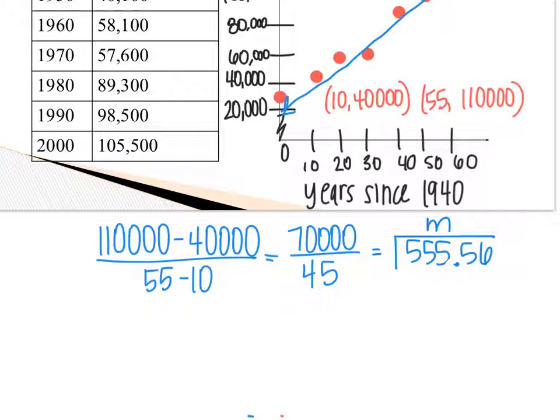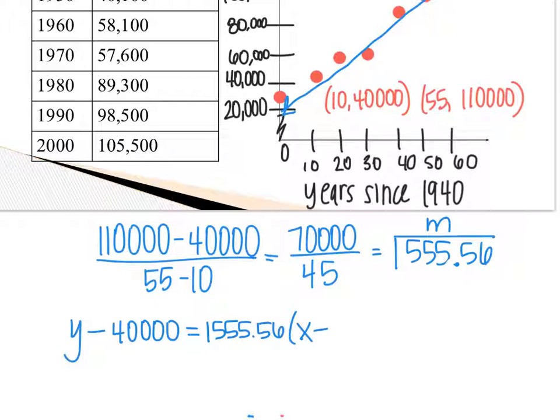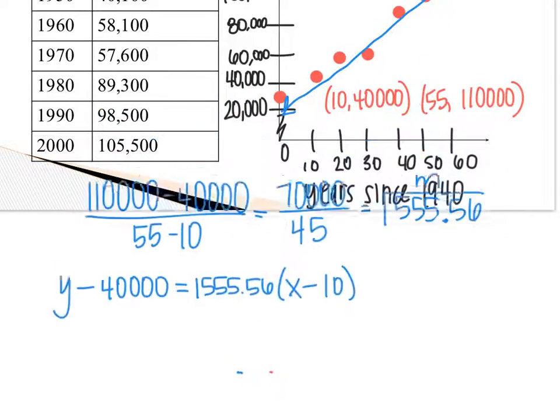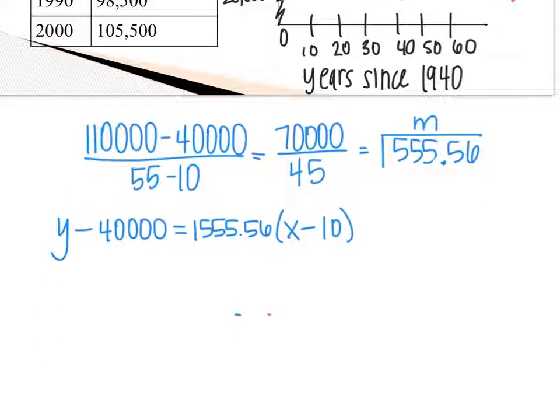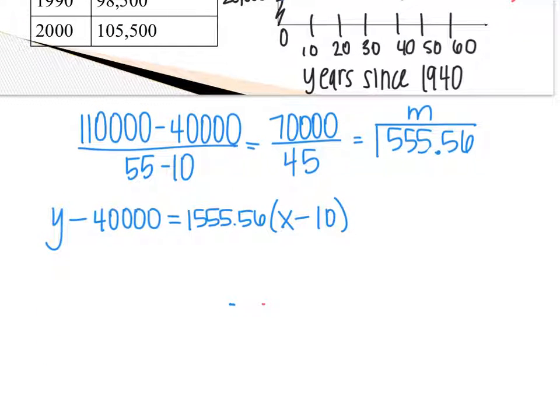Now you have a point and a slope, so you're going to put it in point slope form, so it's y minus 40,000 equals m, 1555.56 times x minus 10. Then you have to put it in slope-intercept form. So you're going to distribute.